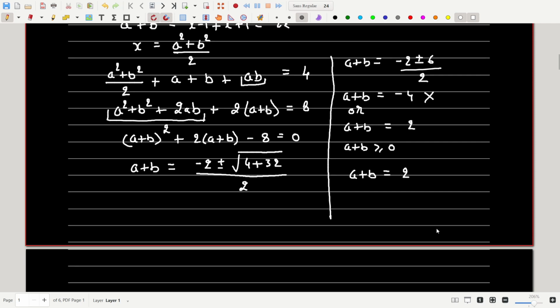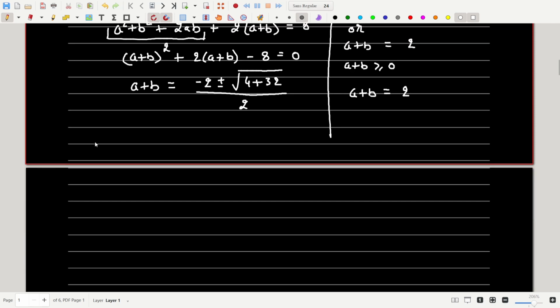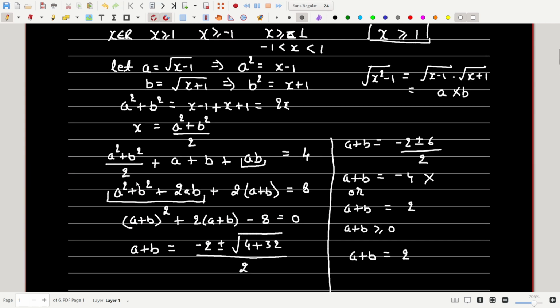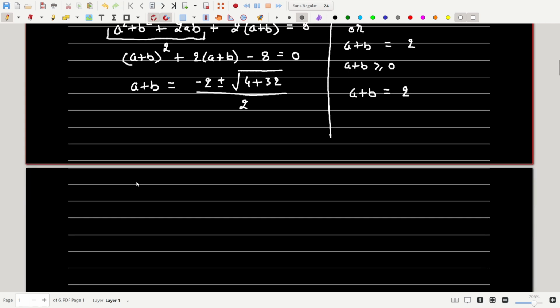Now let us substitute the value of a plus b. A was x minus 1 under root, and b was under root x plus 1. So let's write that. So under root x minus 1 plus under root x plus 1 is equal to 2.